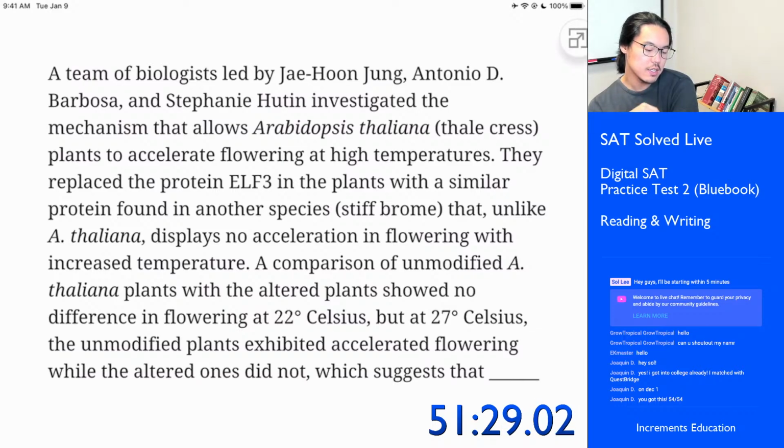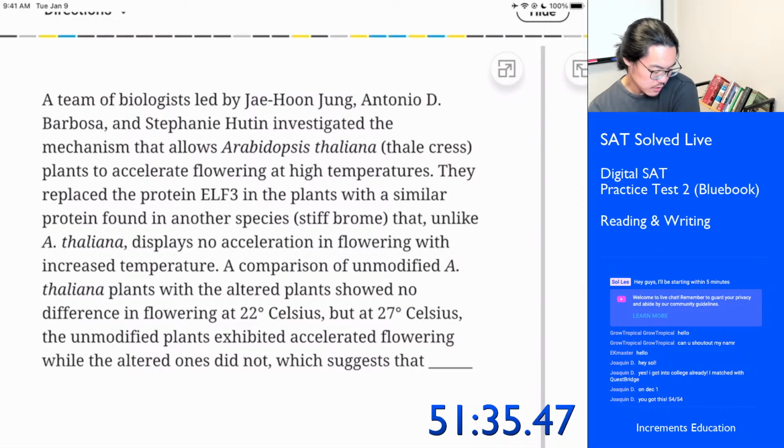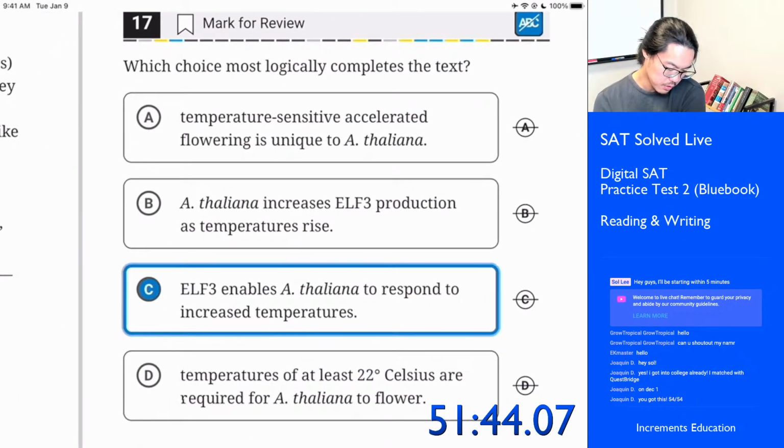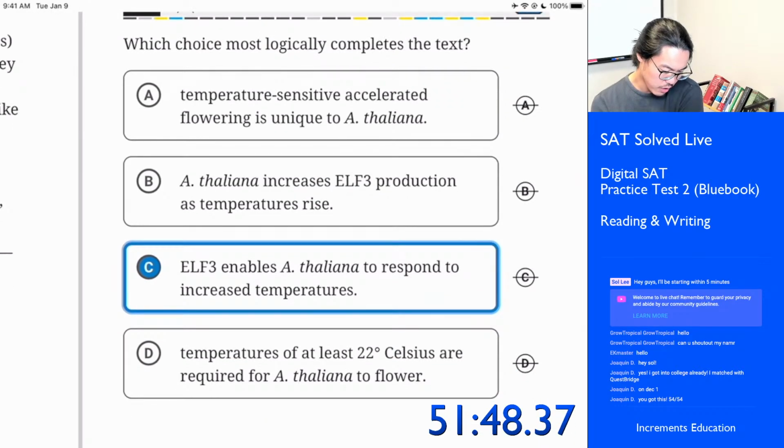Oh, A. thaliana is the subject, and ELF3 is the protein. So the similar protein. Okay. Which suggests that if you remove the ELF3, which is the altered one, ELF3 is enabling the plant to respond to increased temperatures by producing more flowers.